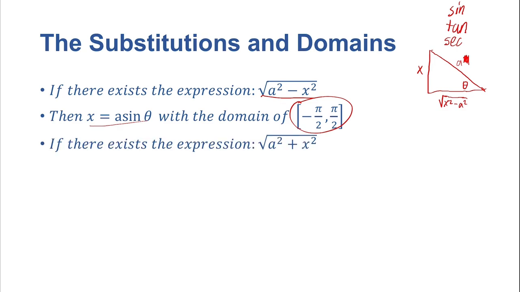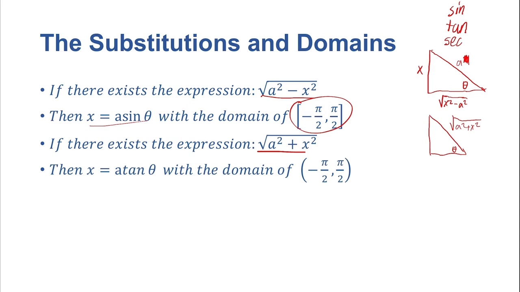Then we also have the time where there exists the expression the square root of a squared plus x squared. So in that case, we're dealing with theta there, and we've got our Pythagorean relationship here, because we're adding these sides, so that means that we're going to have a squared plus x squared. And in this case, we want x equals a tangent of theta.